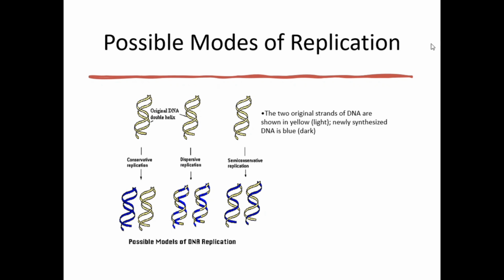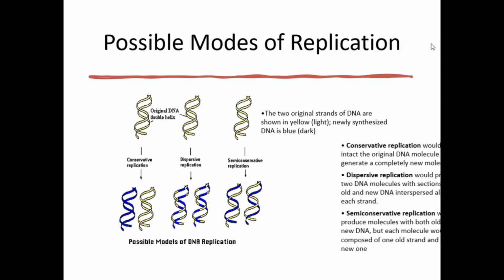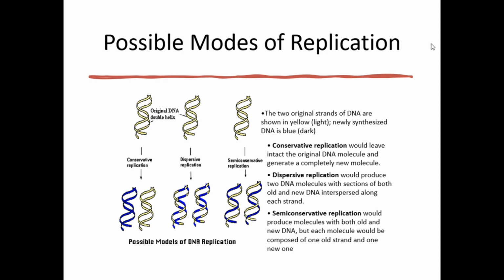There are different models of DNA replication. Number one is conservative replication, second is dispersive replication, and the third is semi-conservative replication. Conservative replication would leave intact the original DNA molecules and generate completely new DNA molecules.